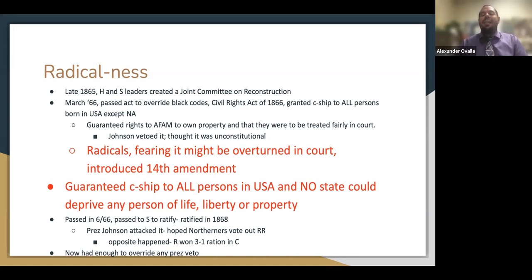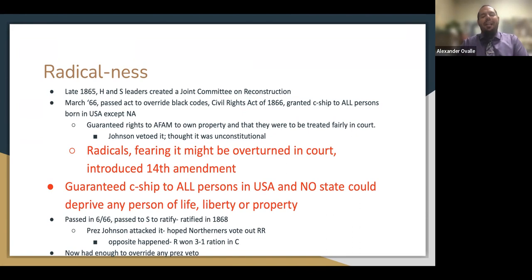Radicals, fearing that this might be overturned in court, introduced the 14th Amendment. The 14th Amendment guarantees citizenship to all persons in the United States, and no state could deprive any person of life, liberty, or property. It was passed in June 1866, sent to the states to ratify.